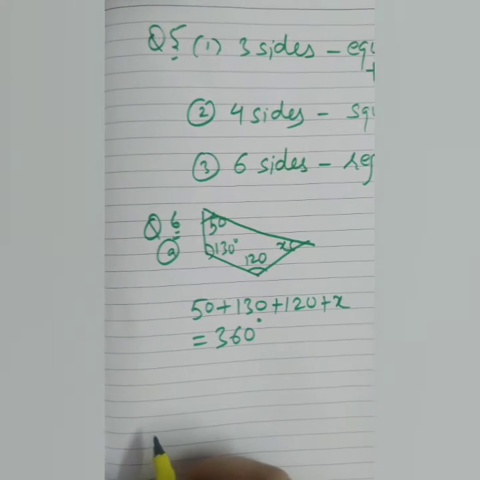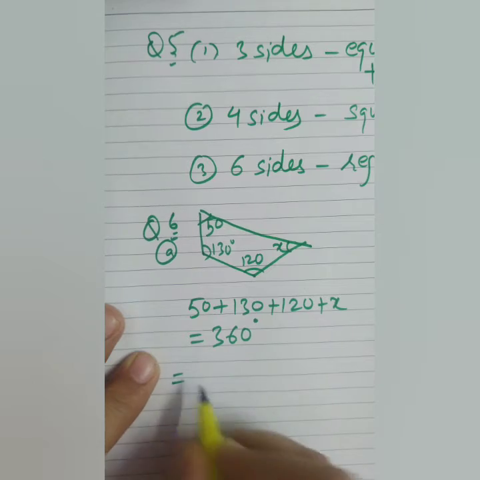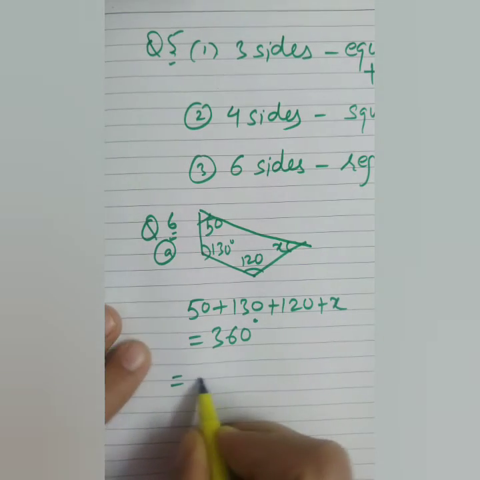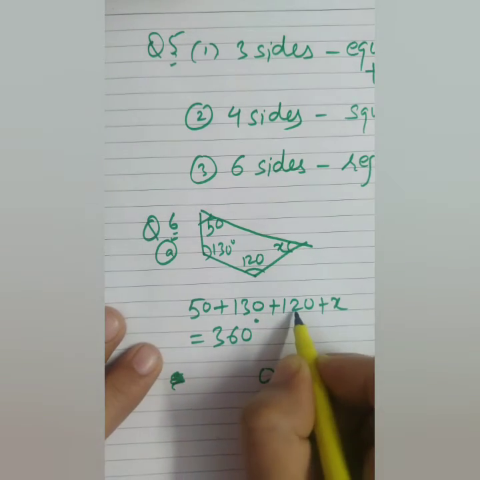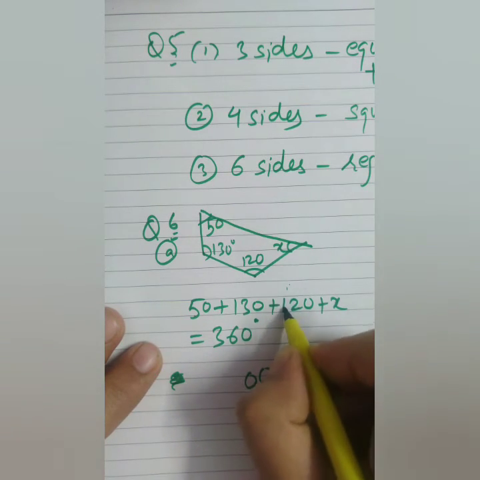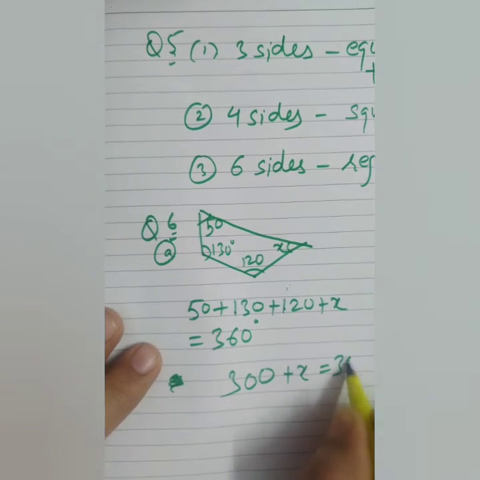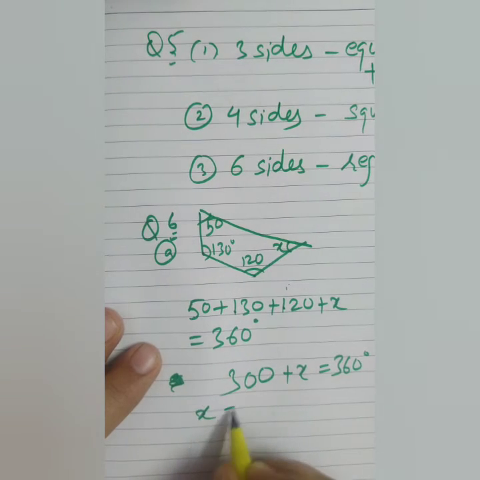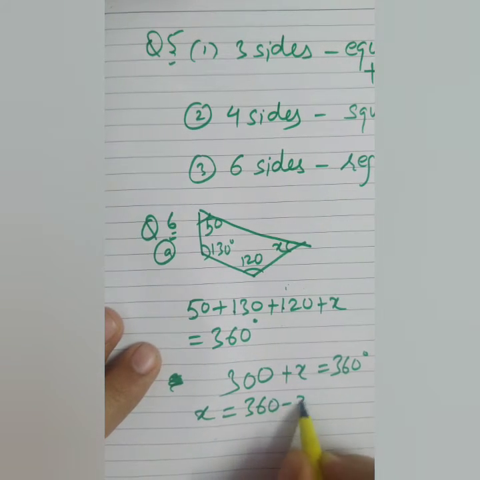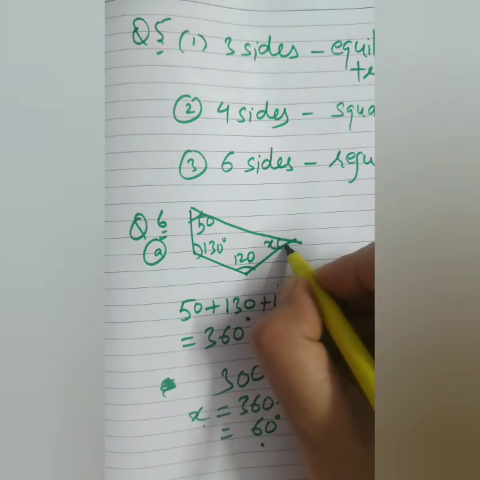So what we can do further is, we can add it up. 0, 2 plus 3 is 5, 5 and 5 is 10, again 0, 1 carry, 1 plus 1 is 2, 2 plus 1 is 3, so 300 plus x equal to 360 degrees. x will remain here and 360 comes to the other side on the right hand side, so it becomes 60. Okay, so my x is 60. Here this angle is 60.